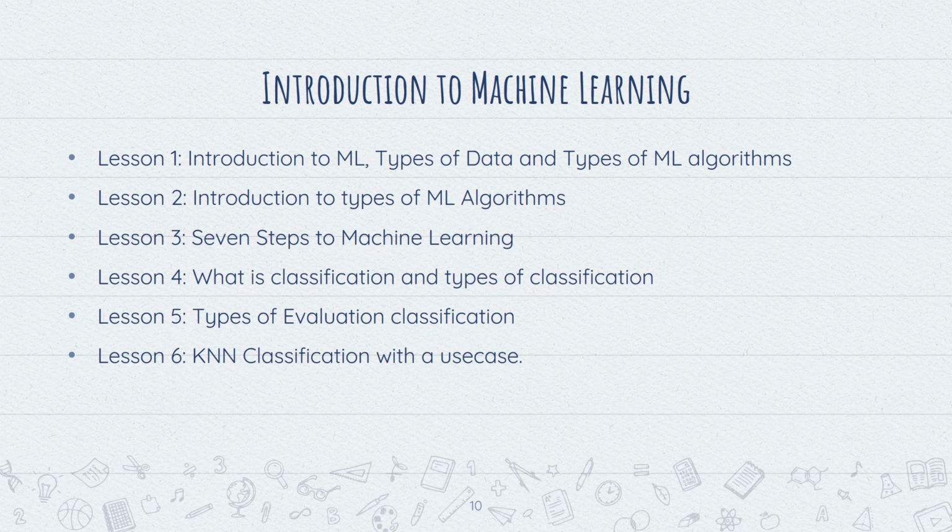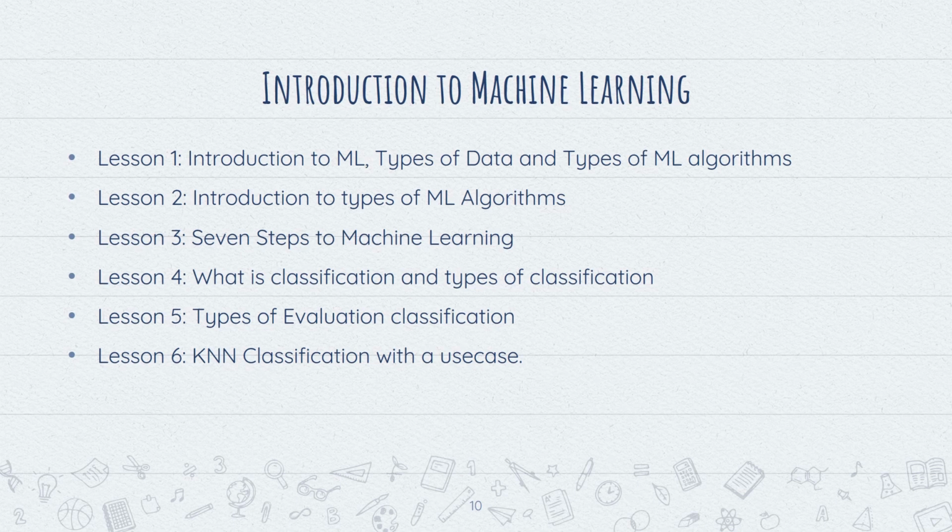Lesson 1, we'll discuss about what machine learning is and different use cases and what type of data and what type of algorithms are there. And in lesson 2, we'll be discussing about the 3 main machine learning algorithms, that is supervised, unsupervised, and reinforcement learning, along with their use case.